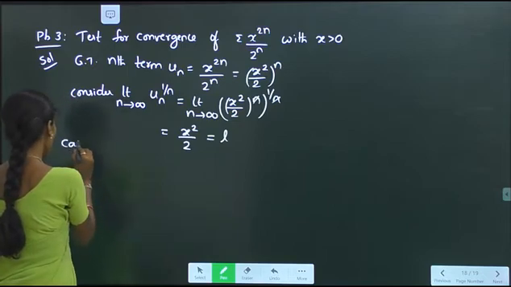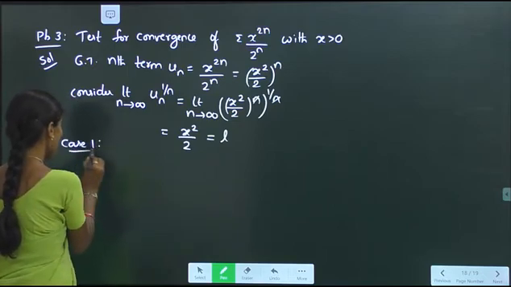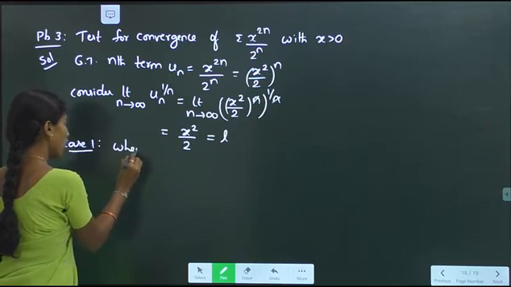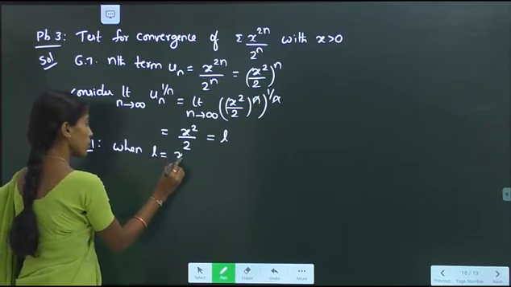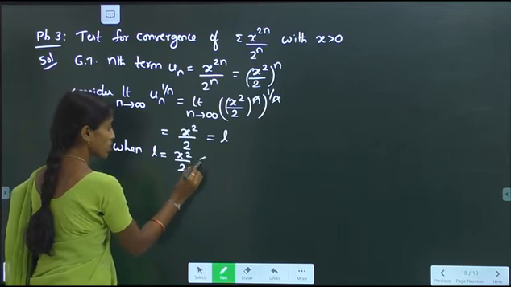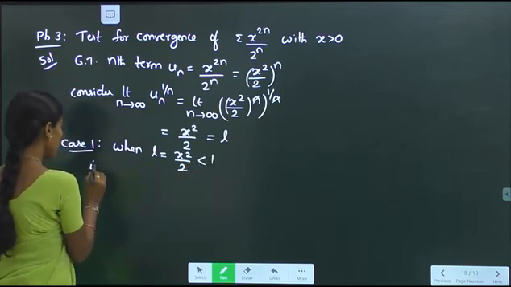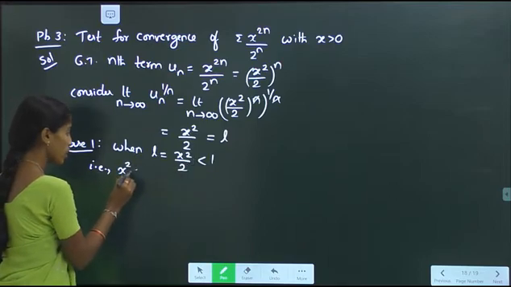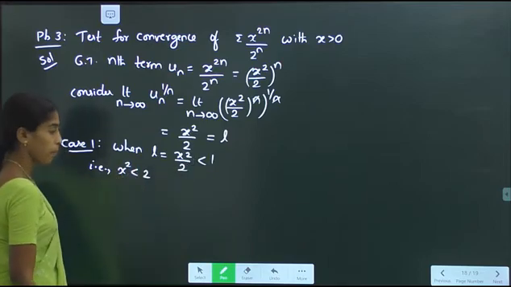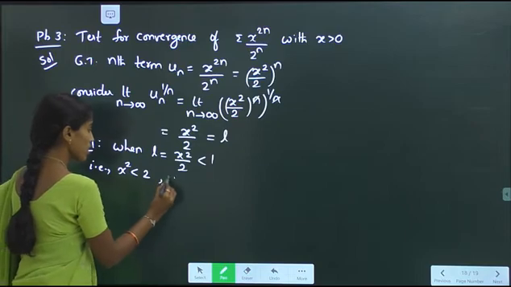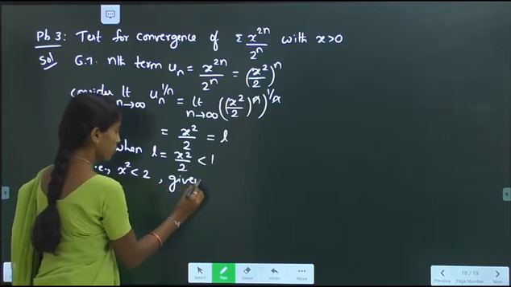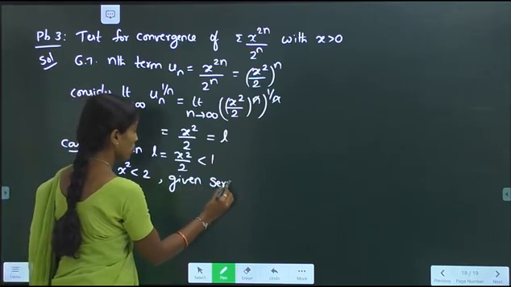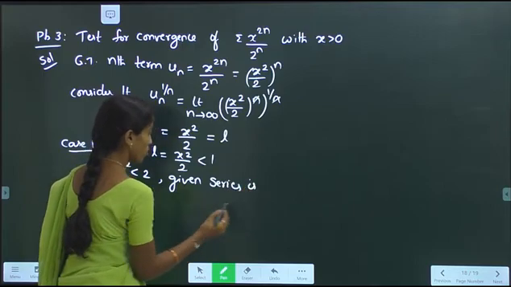So here we have different cases. Case 1, when limit value L is equal to x square by 2 less than 1. That is, x square value is less than 2. Given series is convergent.